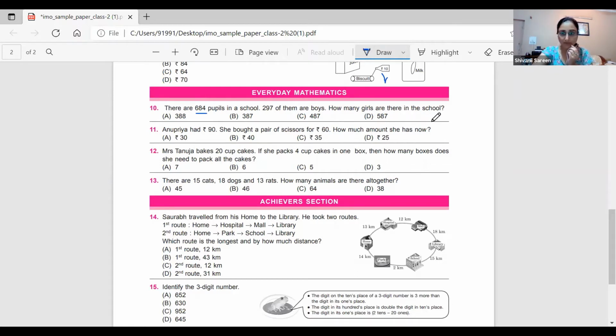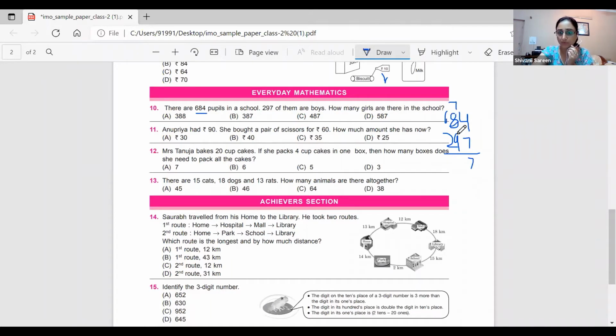So one way is you write it somewhere, 684 minus 297 and subtract. So 14 minus 7 is 7. Here 7 would be left.